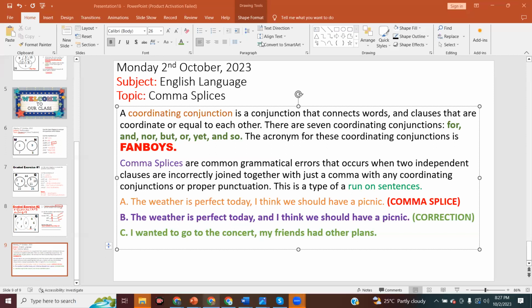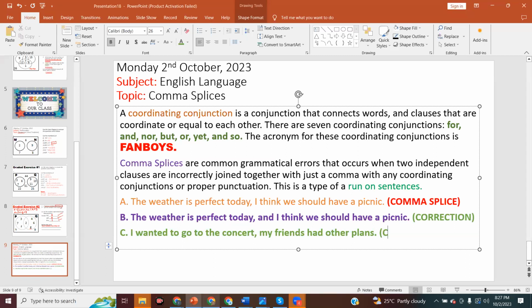Okay, everybody put R. Why do you think it's R? Instead of the comma, they could have put but, and it would have made more sense. Okay. The comma still has to be there though. But you need a what? Coordinating conjunction.